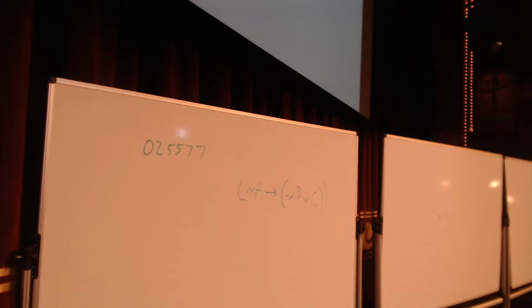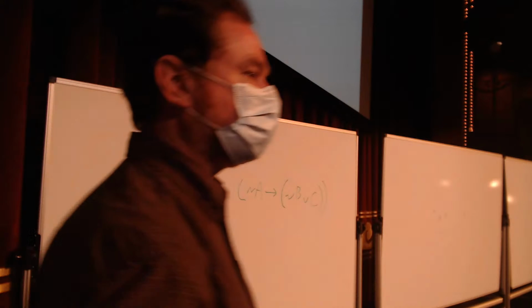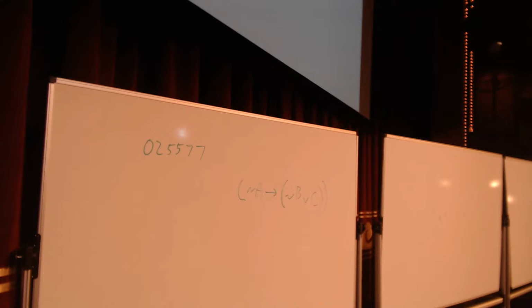Either A or B and C. Good. Now this one's a little trickier because you have to open 2 parentheses, but it only gave you 1 parenthesis opening word, the either.